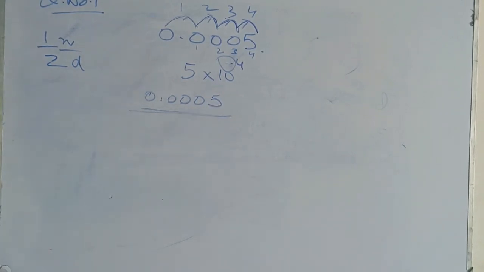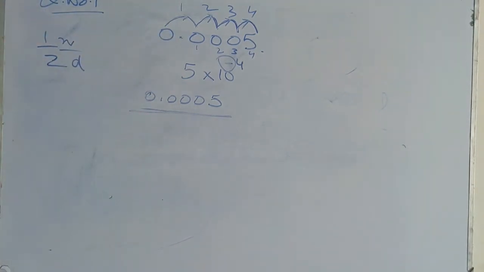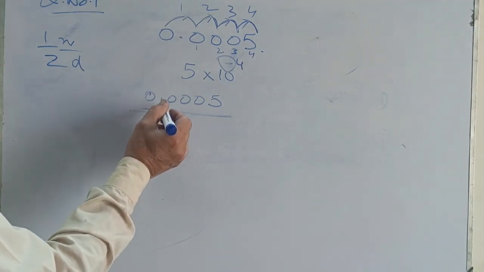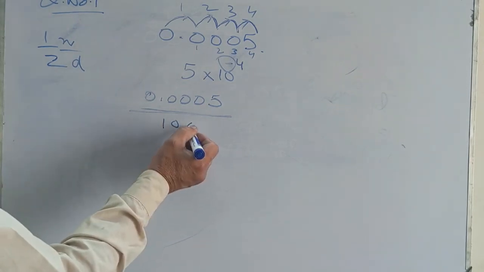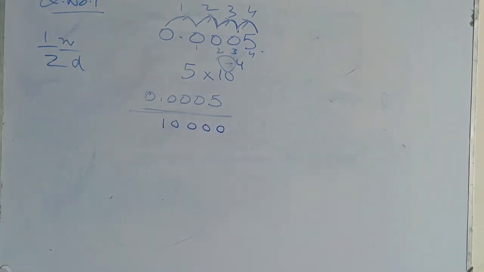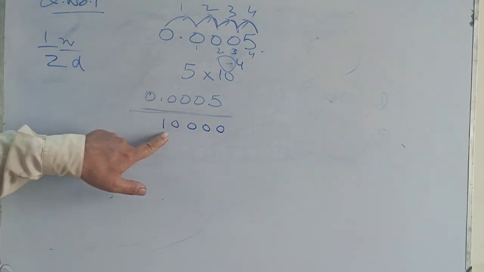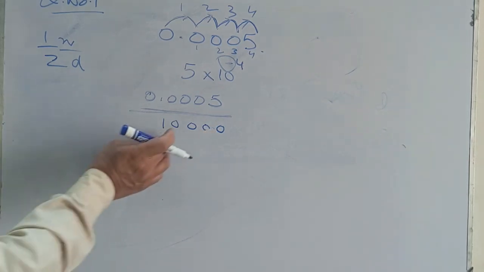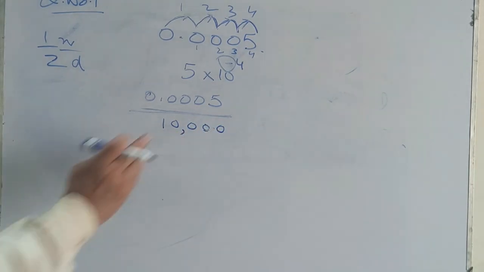If I want to remove this point, I want to convert this decimal fraction into the common fraction. What I have to do is place one underneath the point, and then zeros throughout the digits. How many zeros have appeared? Four zeros, or you can say that it has become 10,000.